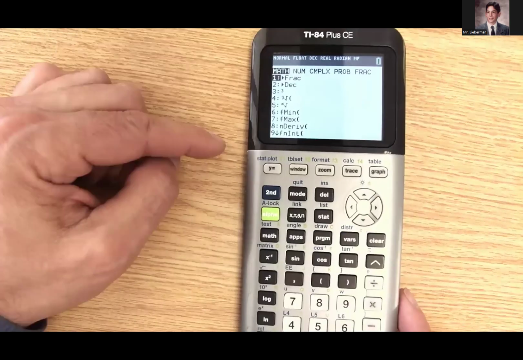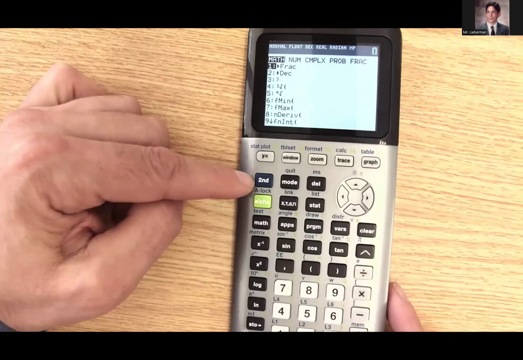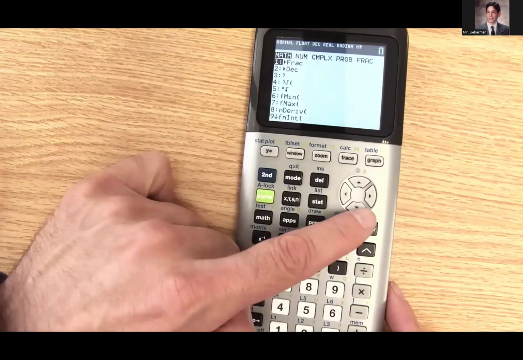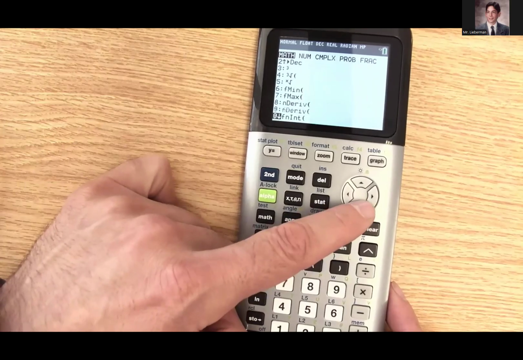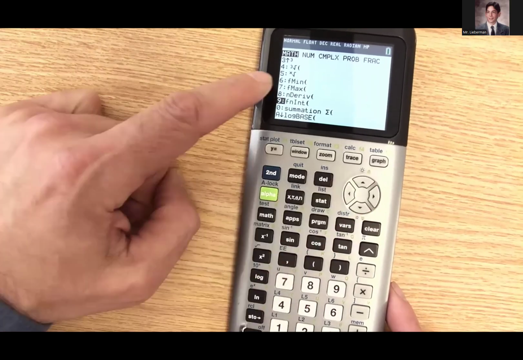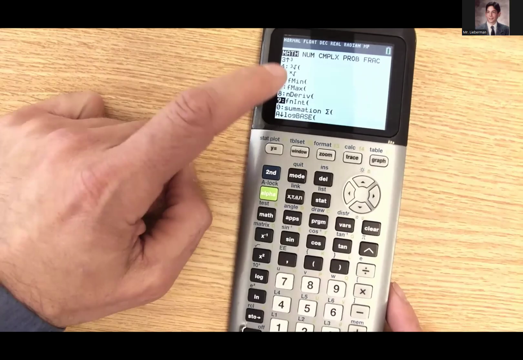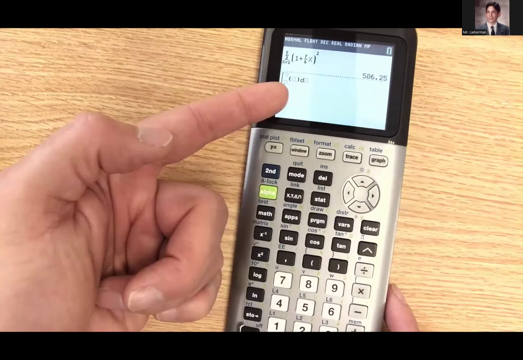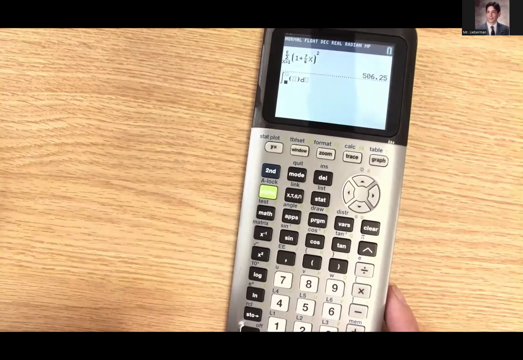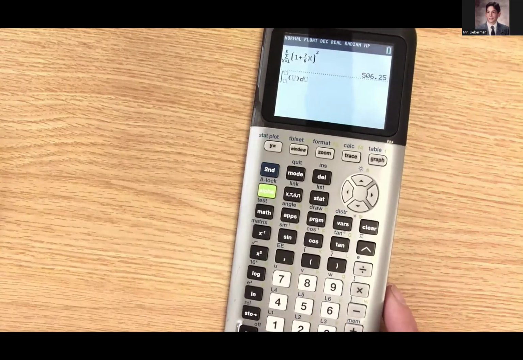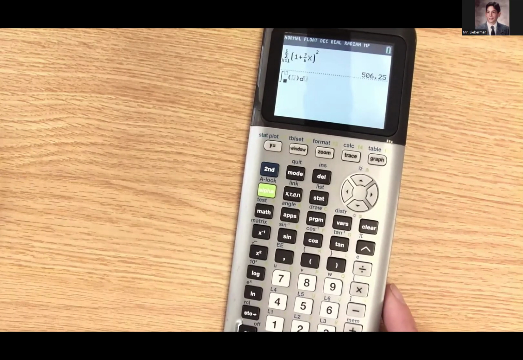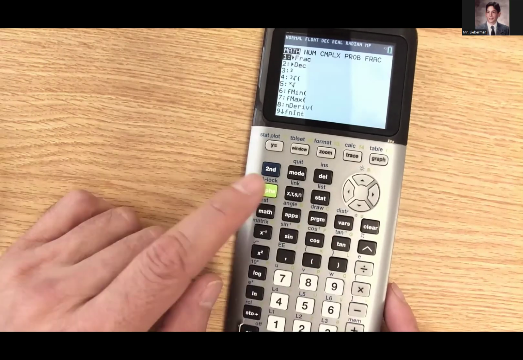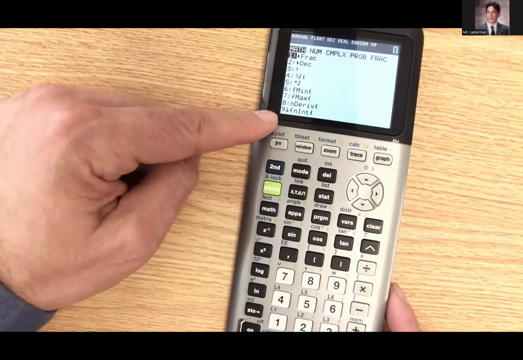Where would you see it under the math? It's 9, the finite integral. Enter, and look what it gives you. It doesn't give you the nice visual that the other one does, but you can put that 1 down there. This is from math, and then it's 9.